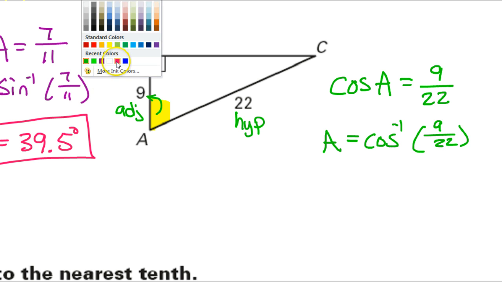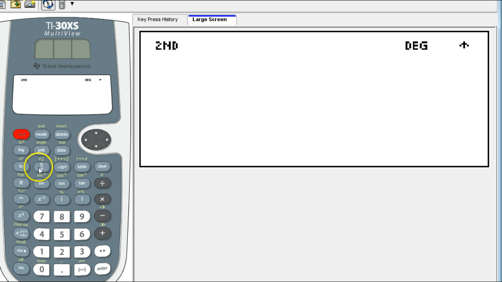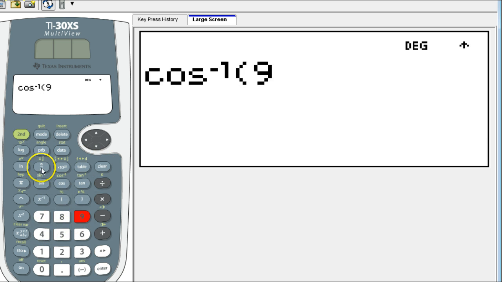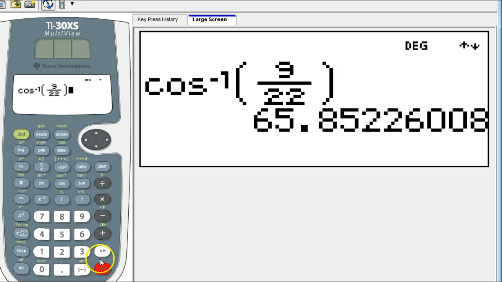And then you can go ahead and write the answer. Okay, I want to see 1, 2, 3 things. The setup, the inverse, the answer. Do not skip any of these three things. Alright, inverse cosine of 9 over 22, right? So that is 65.9 degrees. Got to round up.